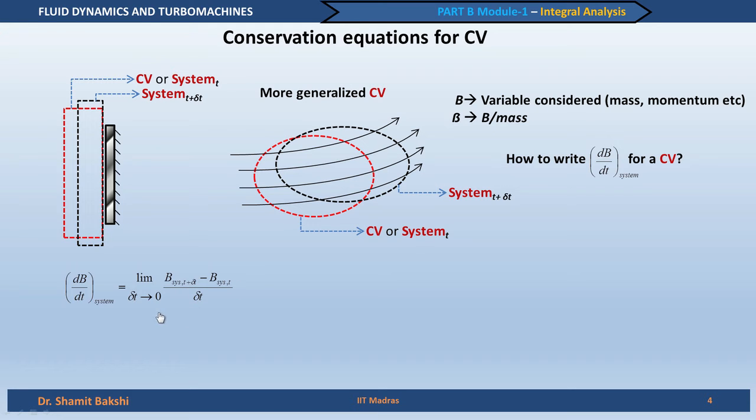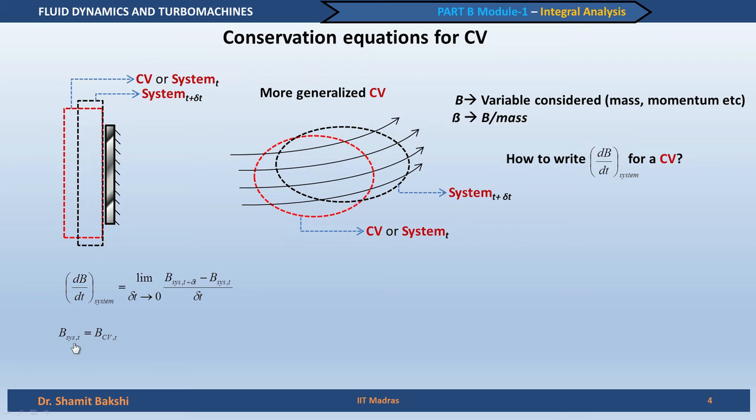Basically, this is the expression of a derivative from first principles. Whatever B is there at time t plus delta t within this boundary, minus what was there at time t, divided by delta t, is the time derivative.